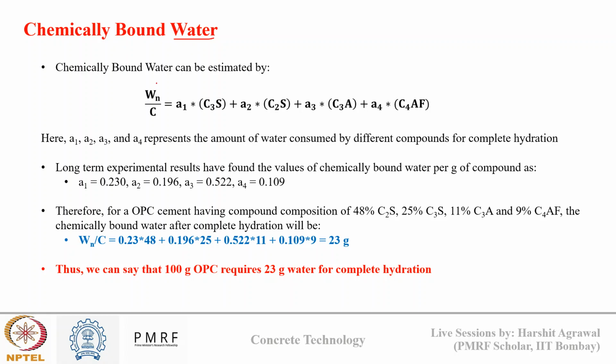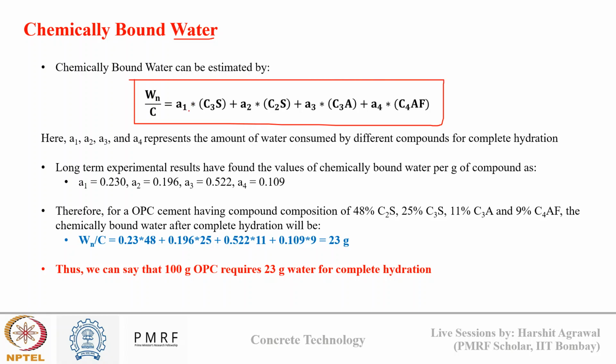So if we know the clinker composition and how much water each clinker phase requires for hydration, the required water to cement ratio for complete hydration can be written by this equation: W/C = A1 times C3S + A2 times C2S + A3 times C3A + A4 times C4AF. What are A1, A2, A3, A4? These are the amounts of water consumed by the different compounds for complete hydration, that is, how much water C3S requires, how much water C2S requires, and so on.